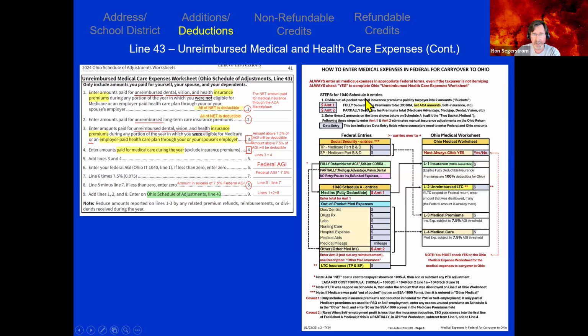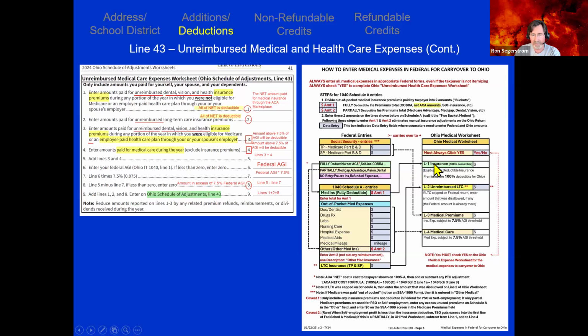So this is an AARP kind of a decision flow tree that elaborates all these amounts. The one that I'm focused on mostly is the Affordable Care Act, but also self-insurance, COBRA, those are all fully deductible, and they'll be put in what they call L1, and I'll show you where that goes in TaxSlayer.